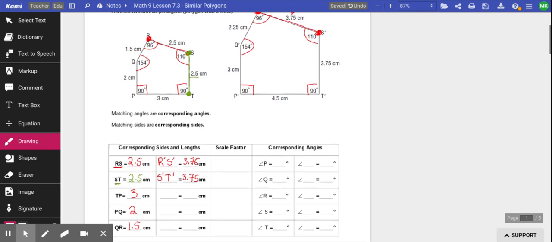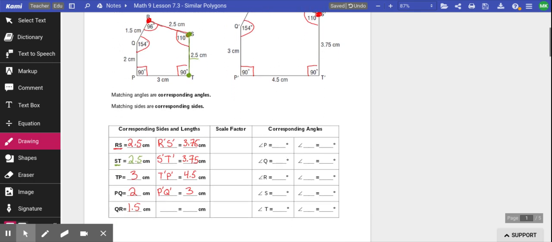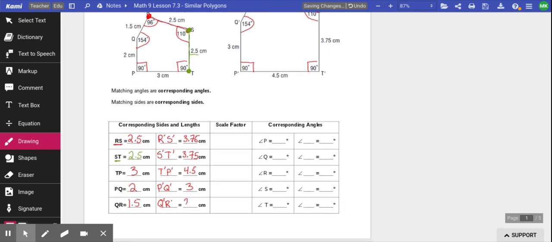If you look at TP, that is now T prime, P prime, which is 4.5. If you look at PQ, that is now on my new triangle, corner P prime to Q prime. That's 3 centimeters on my new shape. And if I look at QR, that matches up with Q prime to R prime, which on my new shape is 2.25.